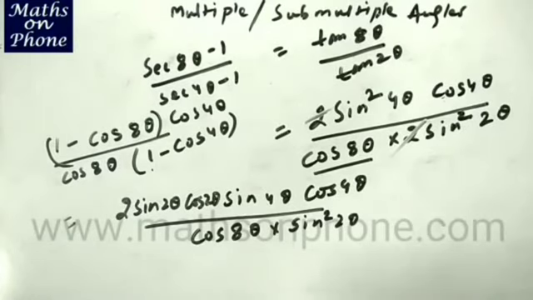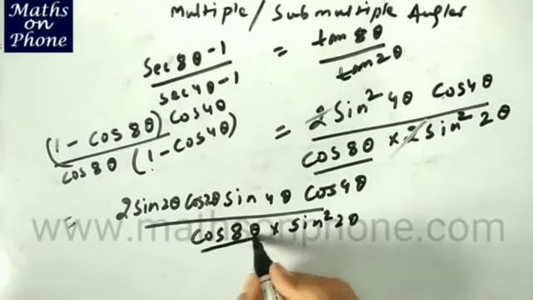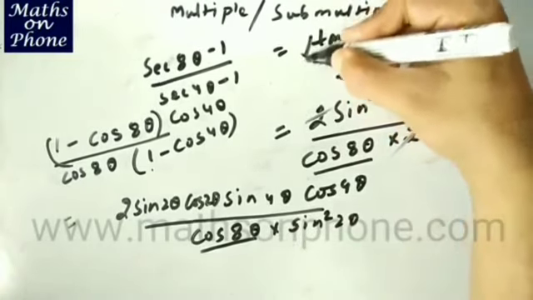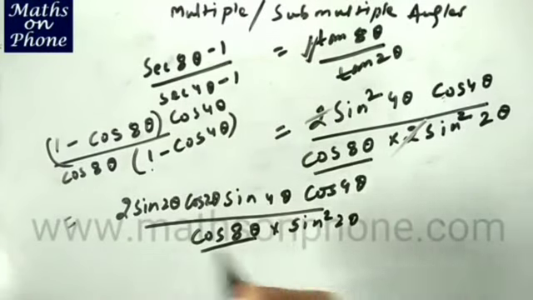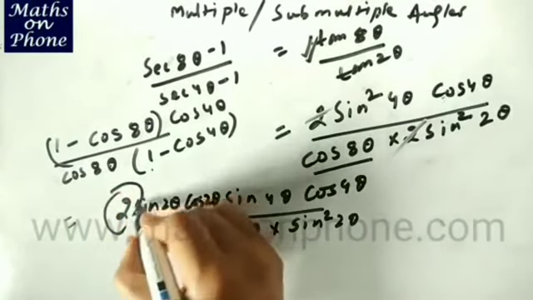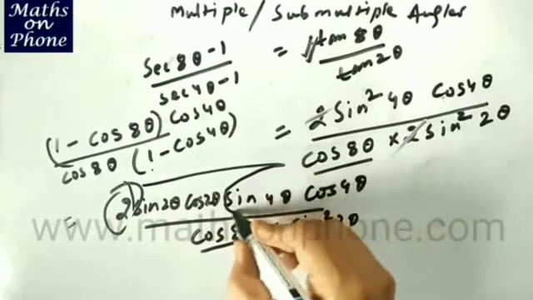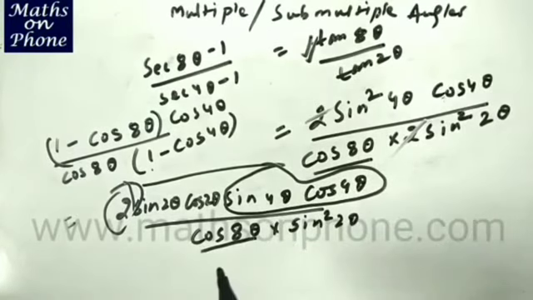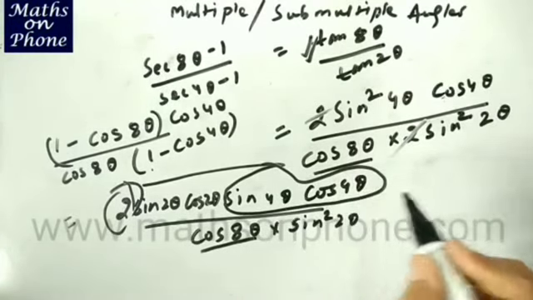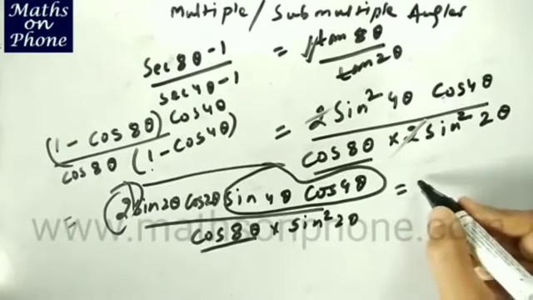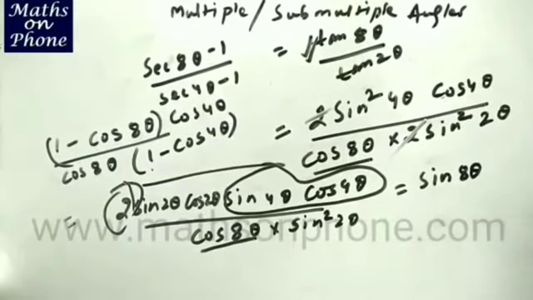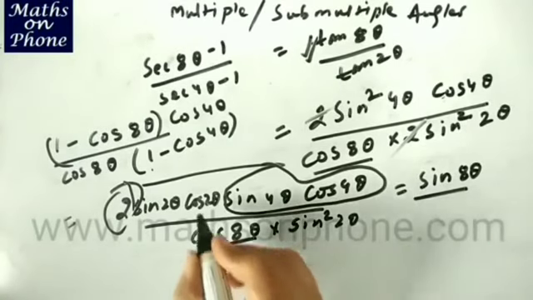Why am I doing this? Because cos 8 theta is there. Anyhow, I need sine 8 theta in the numerator so that I will get at least 50% of what I need to prove. So if I take this 2 sine 4 theta into cos 4 theta, that is sine 2 into 4 theta, 8 theta. And here I am left with sine 2 theta into cos 2 theta.